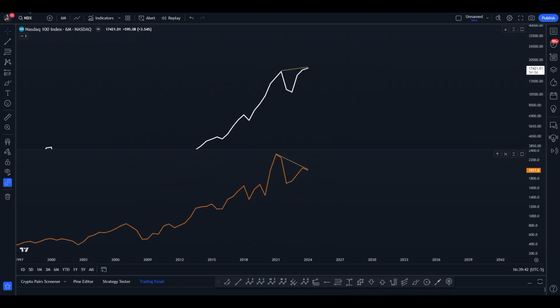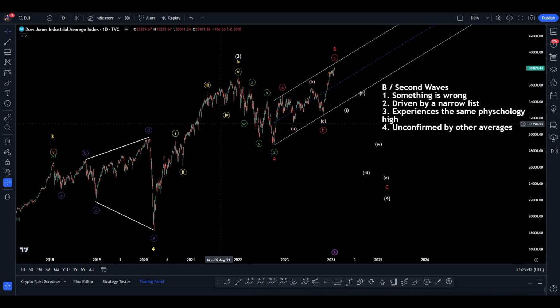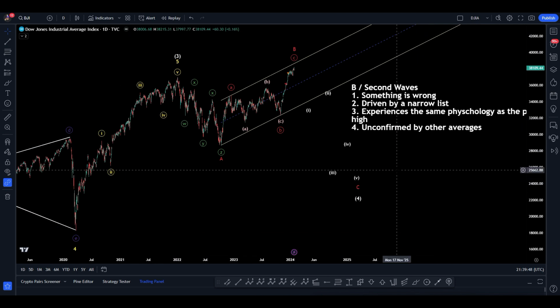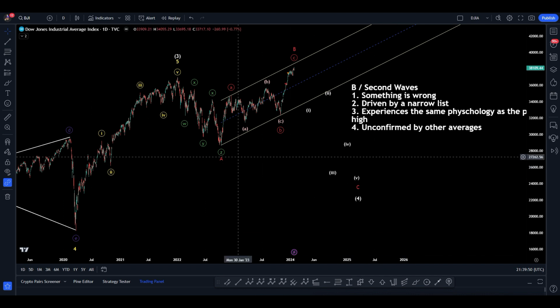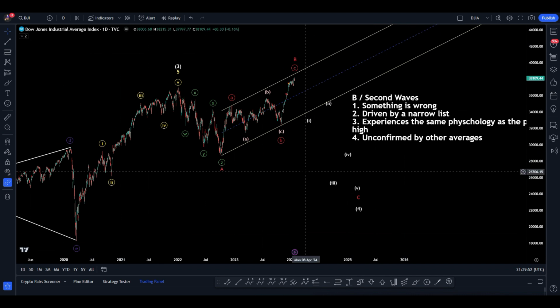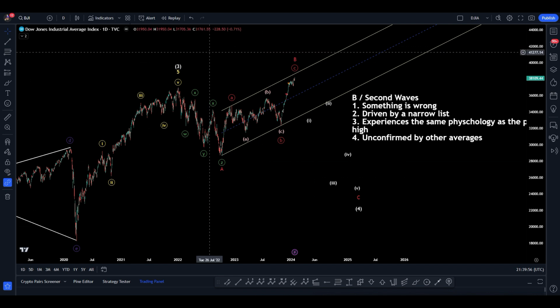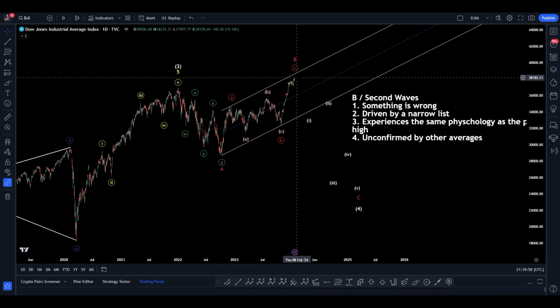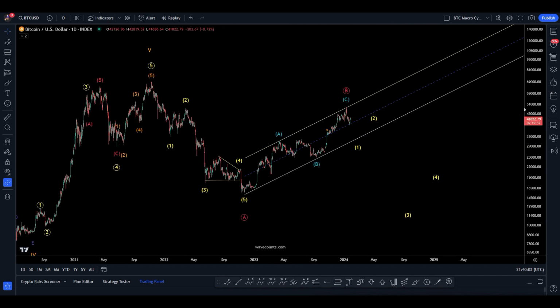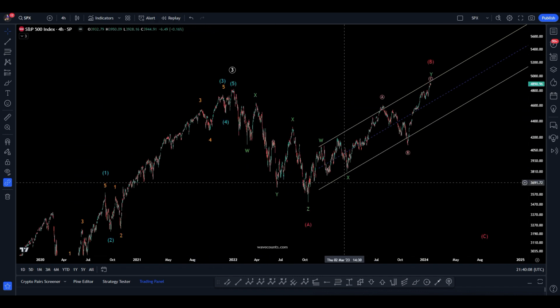So there we have it, folks, in a nutshell. That's what B waves are. And what I'm trying to show you, in all these markets, we have the Dow Jones, a 3-wave move contained by parallel lines. Bitcoin, a 3-wave move contained by parallel lines. The S&P 500, a 3-wave move contained by parallel lines.